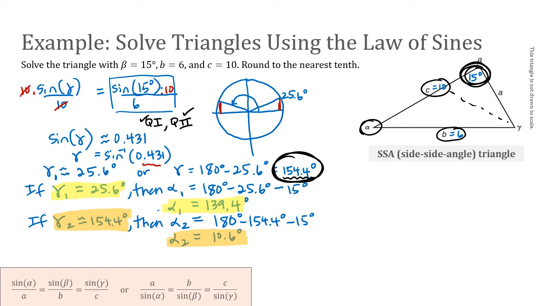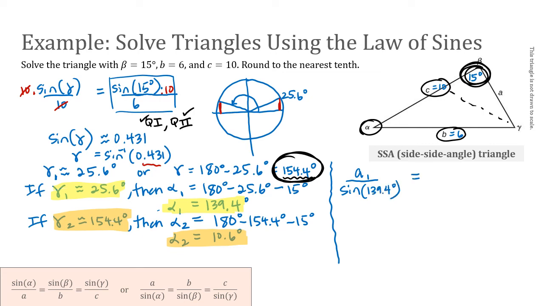All right. So I think the only thing we have left to find is the side that is across from alpha. And of course, depending on whether alpha is alpha 1 versus alpha 2, A is going to be different. So let me just put a line here. Let's talk about that. If we're trying to find side A sub 1, then we're going to use the sine of alpha sub 1, and alpha sub 1 is that 139.4 degrees.